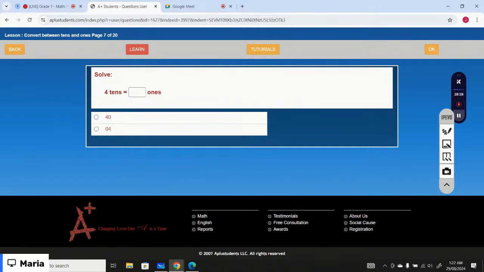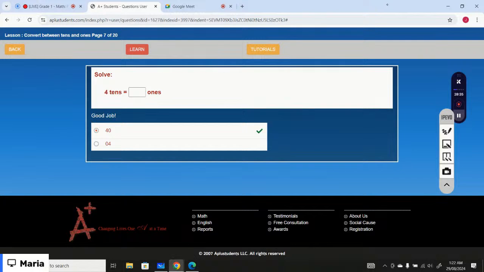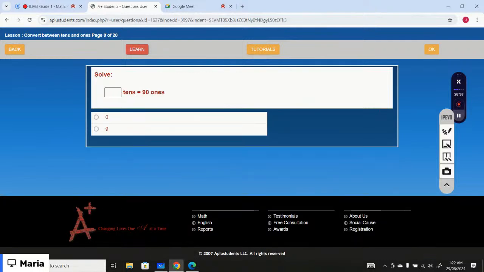The correct option is 4 tens equal 40 ones. Option number 1 is the correct option. 40 ones it is, right? Okay, you can complete the lesson by yourself later today. Let me just move on to the next lesson.